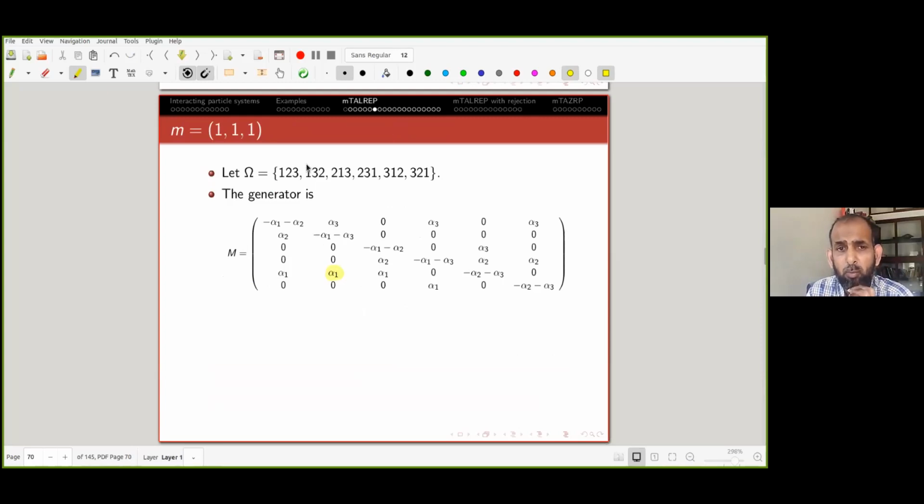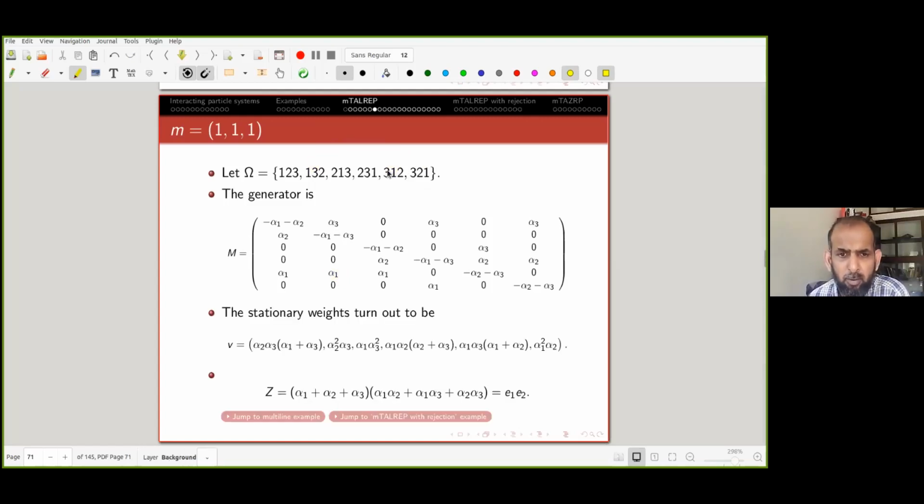So here the 1 goes to the 3 and then the 3 goes to the 1. So that's why you are in the 5th row. Okay. So second column, 5th row. That's this. Oops, sorry. Okay. And in this case, the stationary weights turn out to be given by this vector.